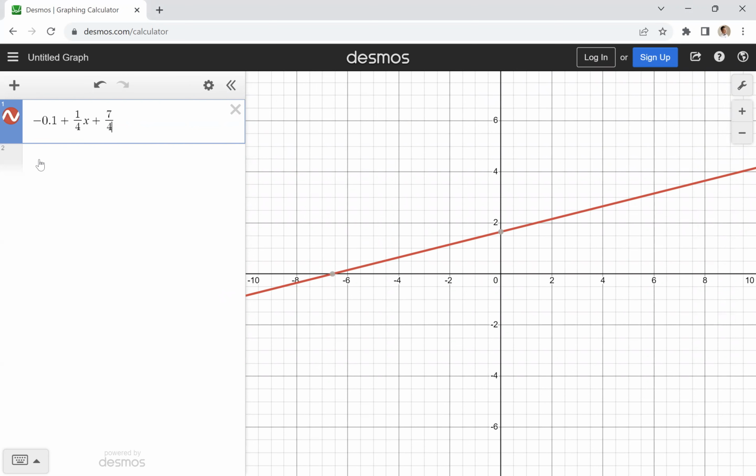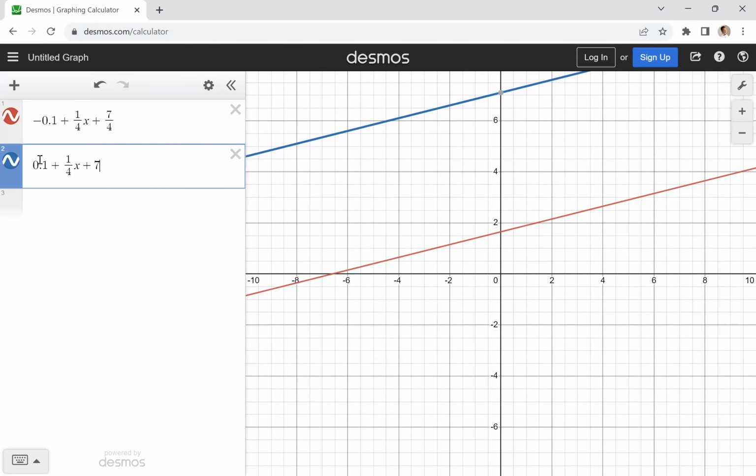Okay, straight line. Second one, 0.1 plus 1/4 x plus 7/4. Oh, they don't intersect each other. They have the same slope but different y-intercept.